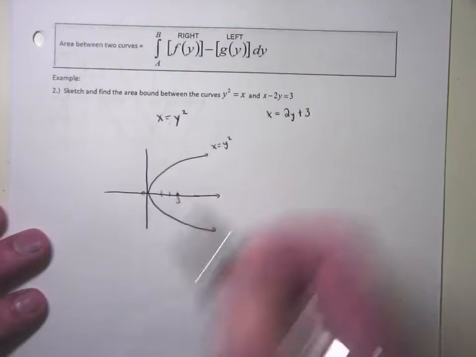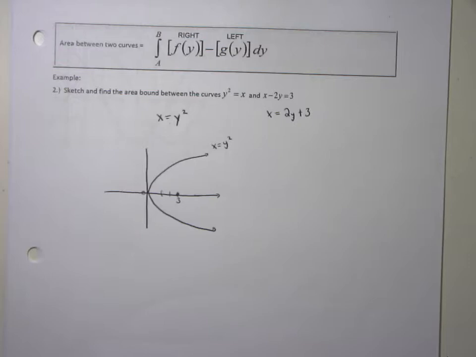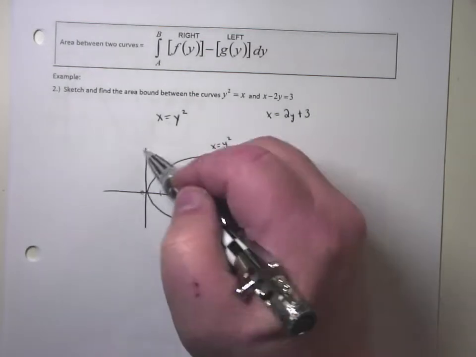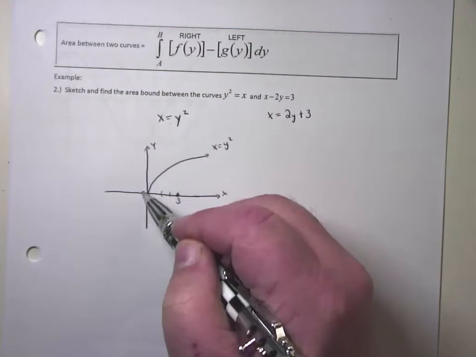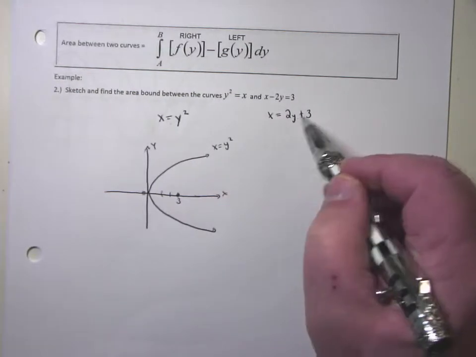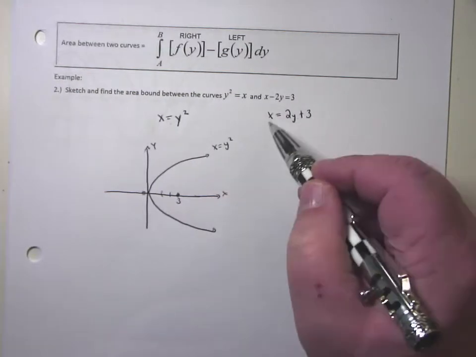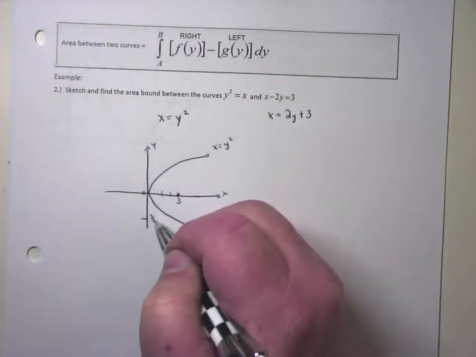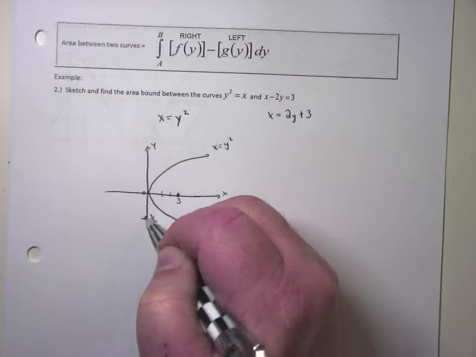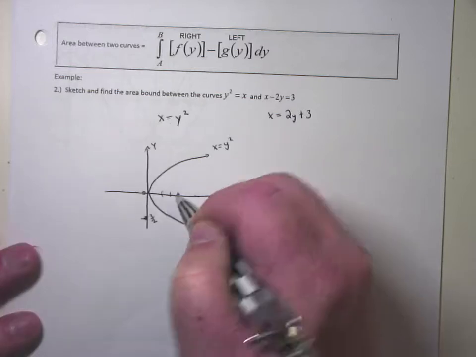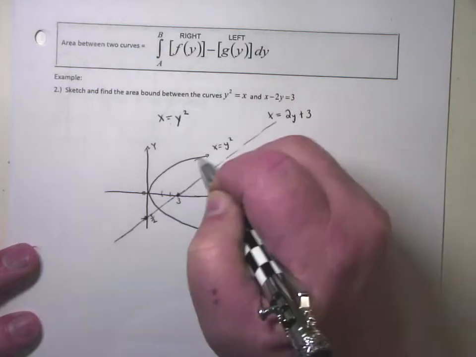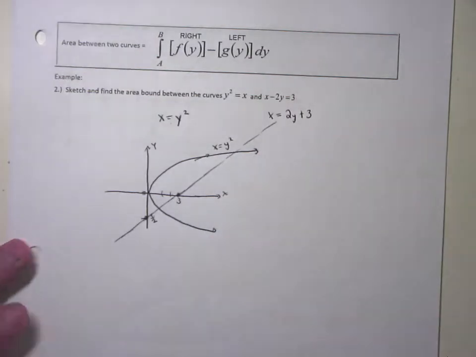And if I plug in x is 0, I would solve for y, subtract 3 and divide by 2. That would give you a negative 3/2, and that's right there. It's a line, so all I needed was 2 points. And I connect my dots. And this is what my line looks like.